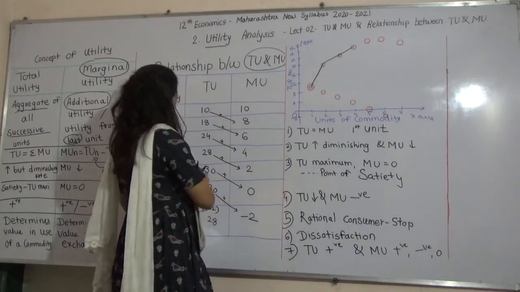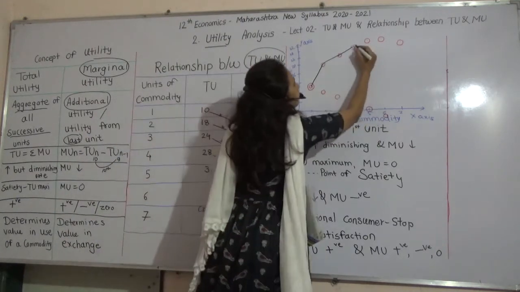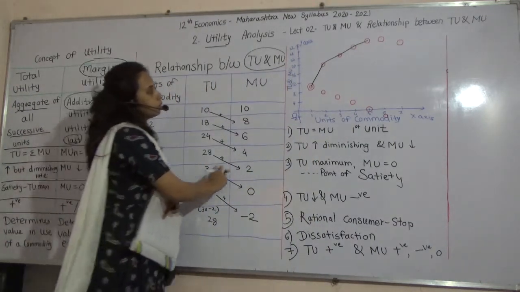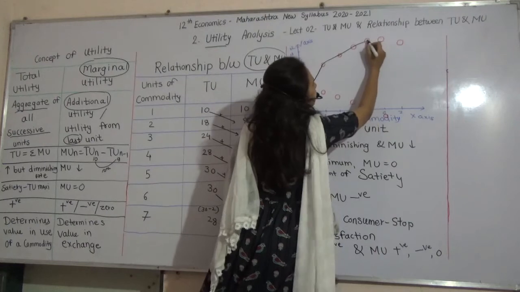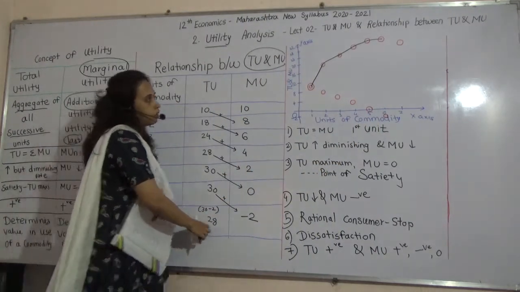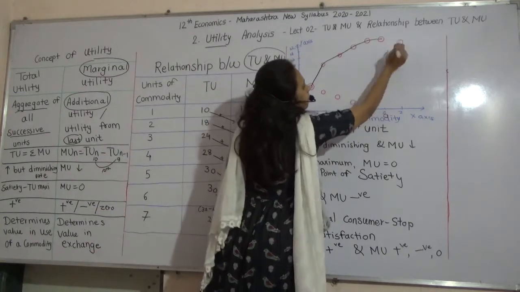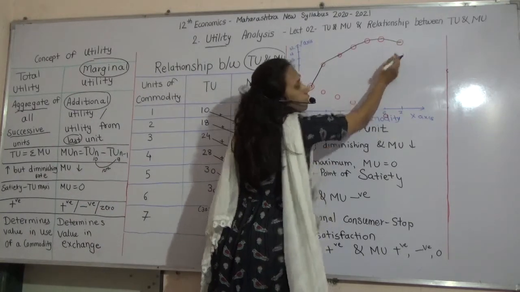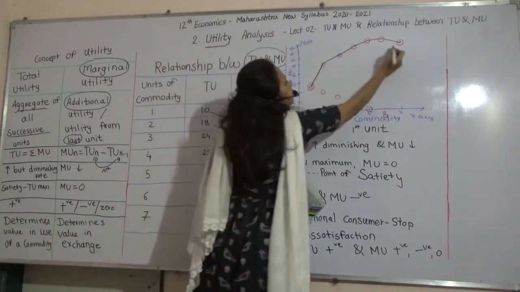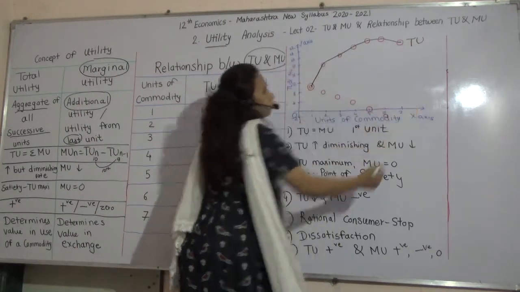Then for the fifth unit it is 30. Then for the sixth unit it is 30. Then for the seventh unit it is 28. With the help of a scale you will get it neatly. So this is my TU.